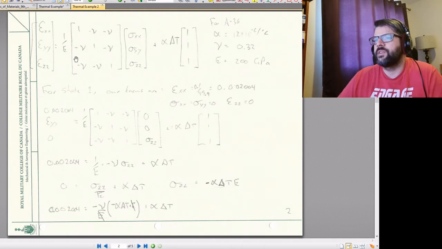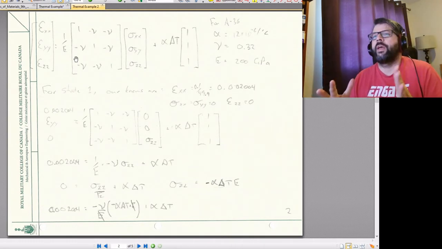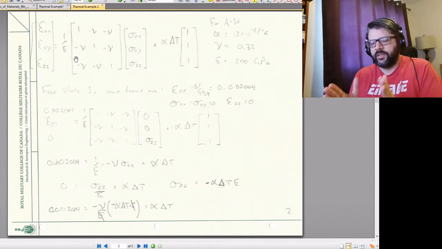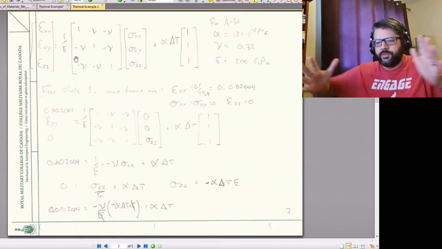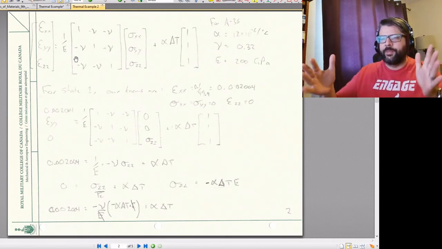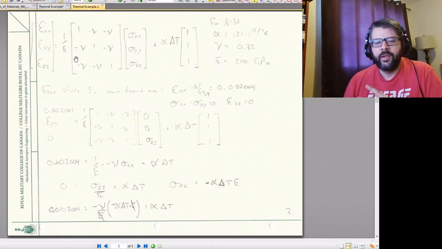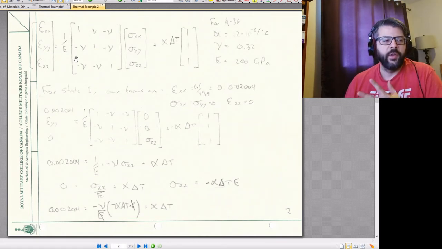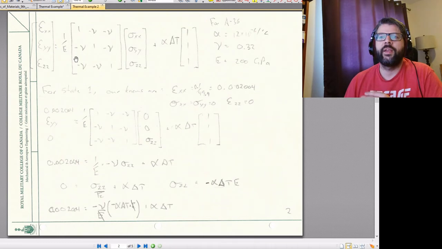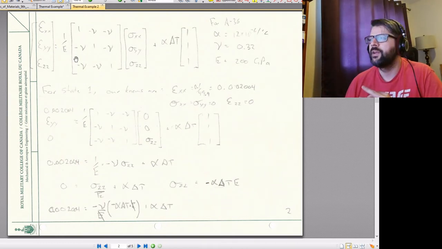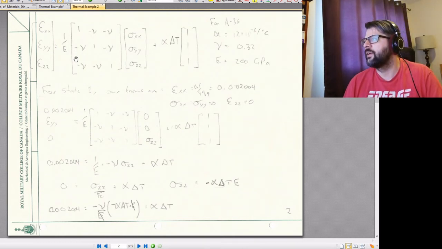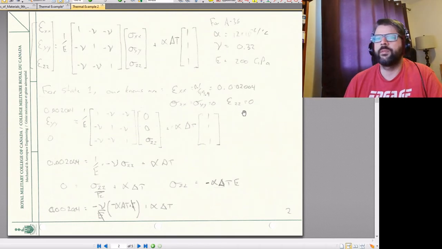So as a result, when it tries to expand in that direction, instead of expanding, it gets squeezed. It would expand, but instead it tries to push against the walls. And since the container is completely rigid, the walls push back enough that it doesn't expand. So its total strain in the Z direction needs to be 0.